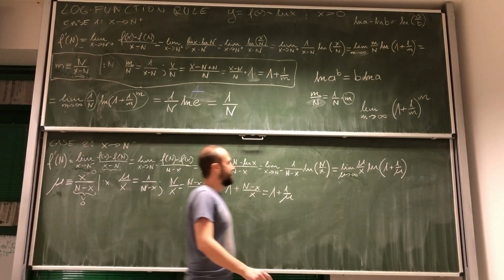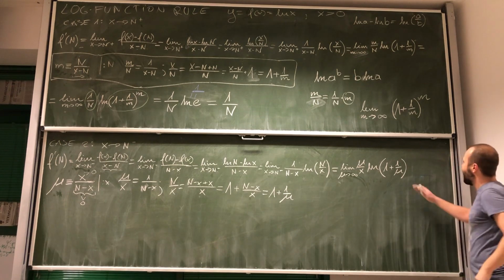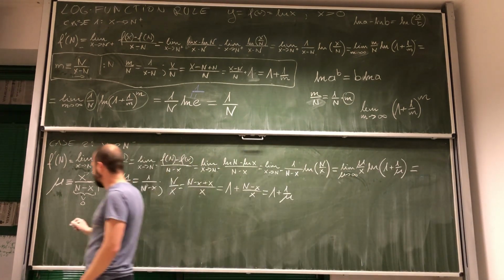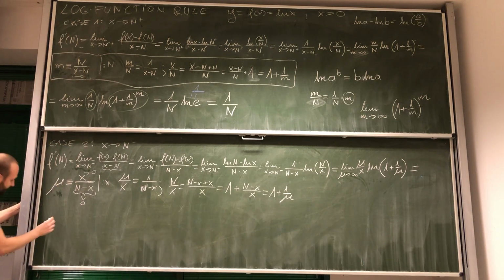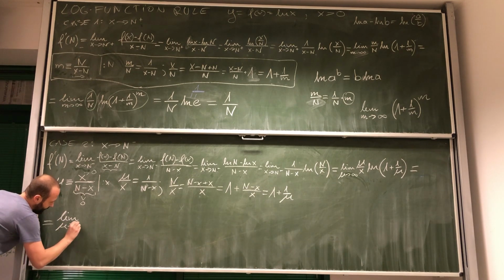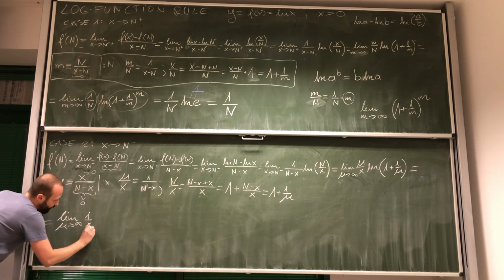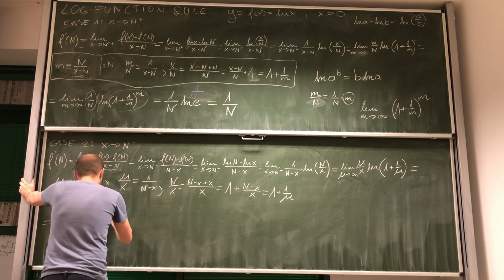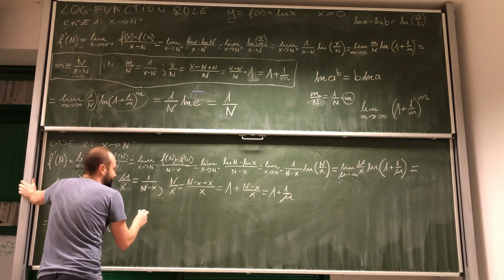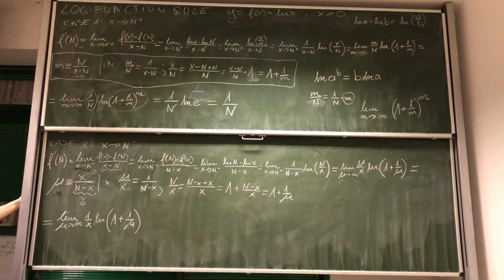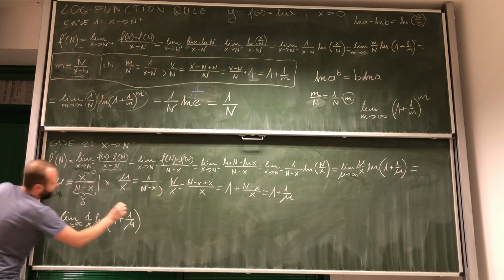Okay, and look, we already know how to deal with this expression, right? This is not very problematic. Now we know that this is going to be the limit with m approaching infinity of 1 over x times ln of 1 plus 1 over m, and of course to the power of m.